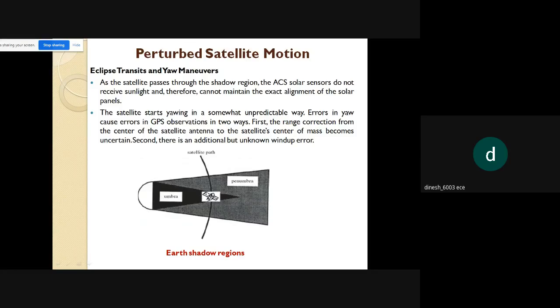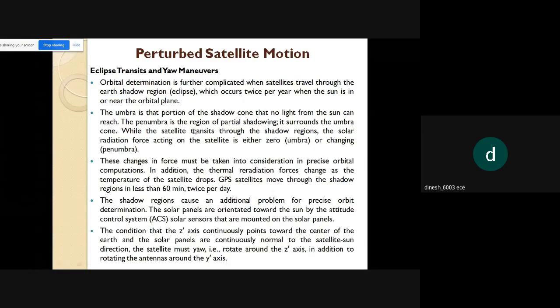So this region is called umbra, and a cone-type structure which covers this region is called penumbra. This occurs due to eclipse. So these changes in force must be taken into consideration in determining precise orbital computations.